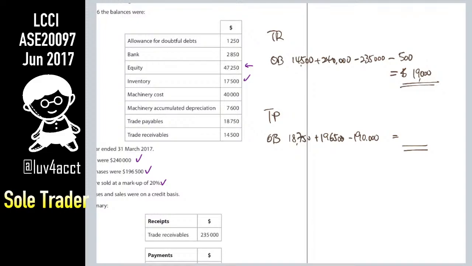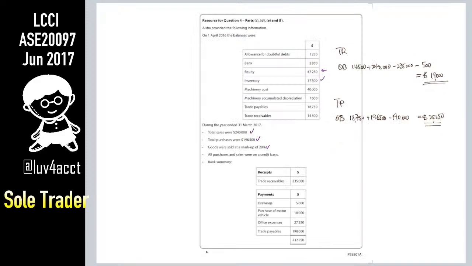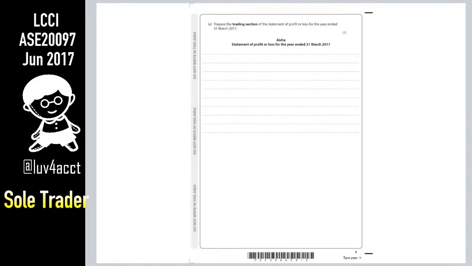And for trade payables, 25,250. So this one is done. Let us move on to the statement of profit or loss.